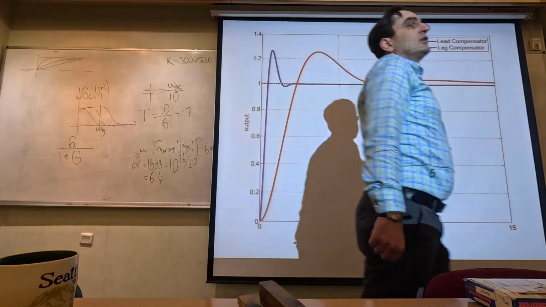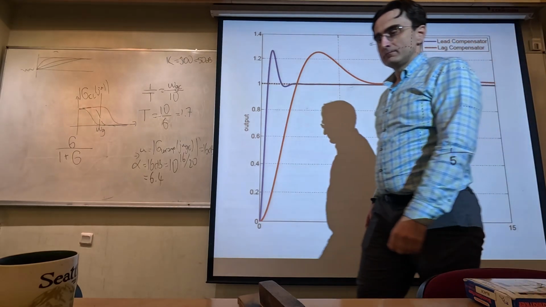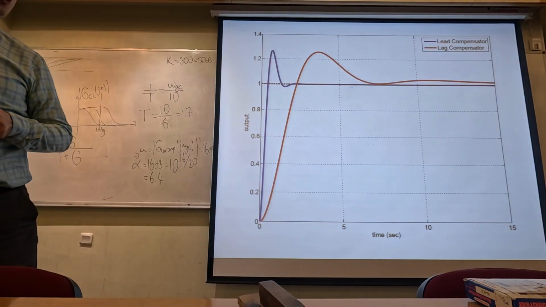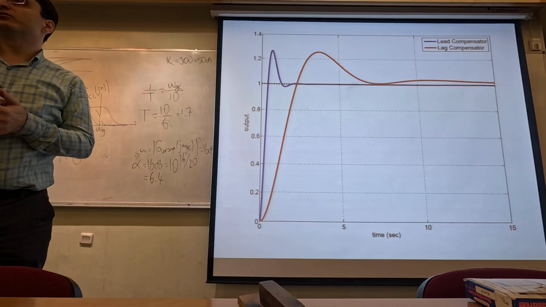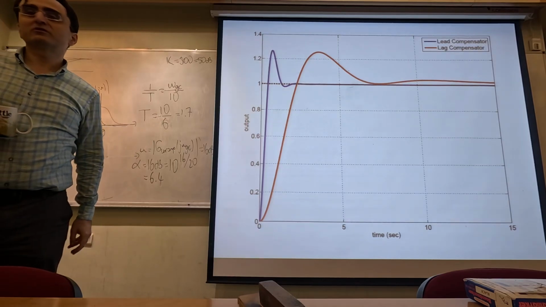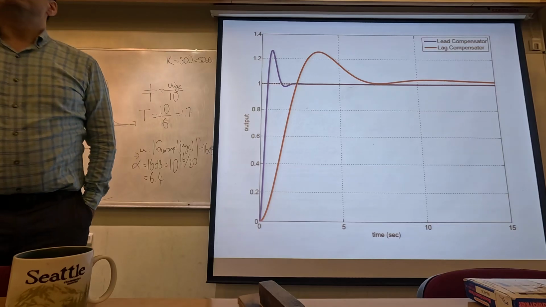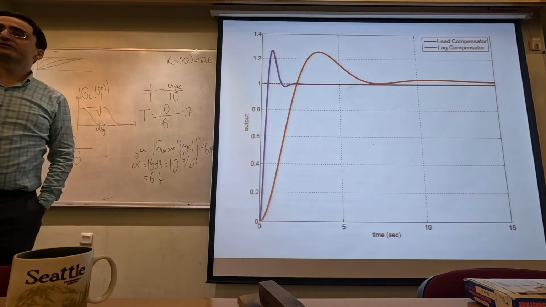So why do we not use lead compensator always then? Realization in the real physical. No, it's not related to realization. Both of these lead and lag compensator can be realized by using passive components, resistors, capacitors, inductors. So no difference between realizations. There's something more.